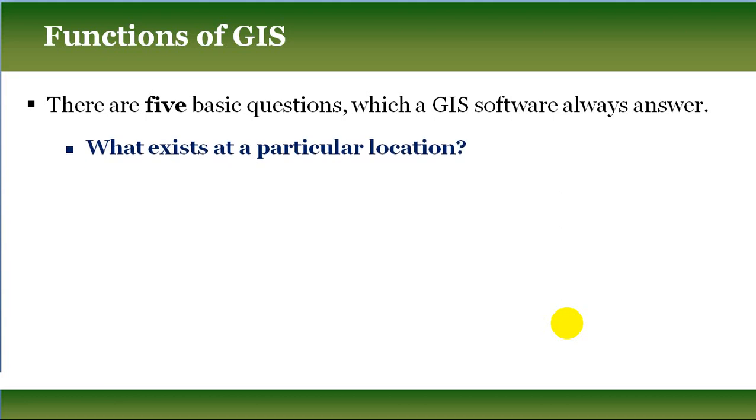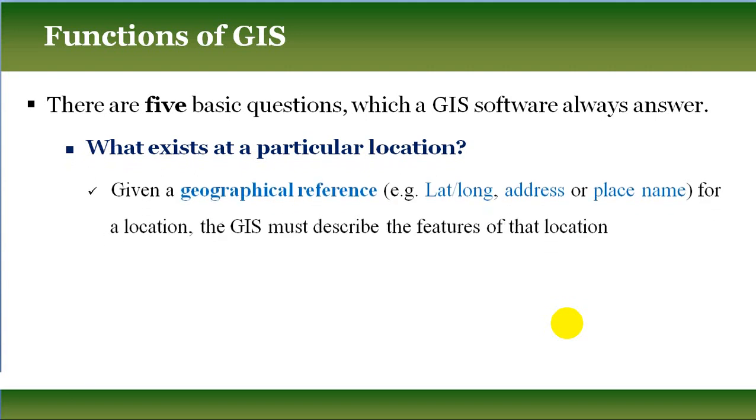The first basic question a GIS user asks the GIS software is: what exists at a particular location? So given a geographical reference, that is a longitude-latitude pair, or using an address or a place name for a specific location, the GIS must describe the features of that location, what exists at this particular lat-long pair.